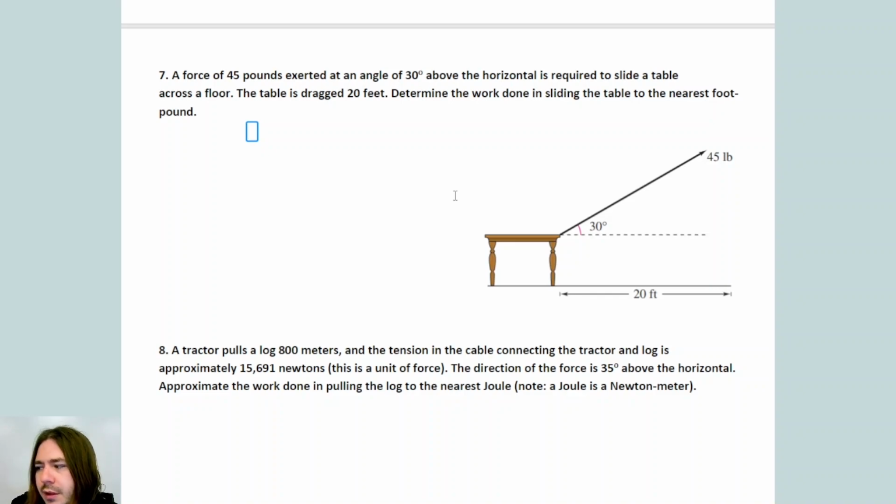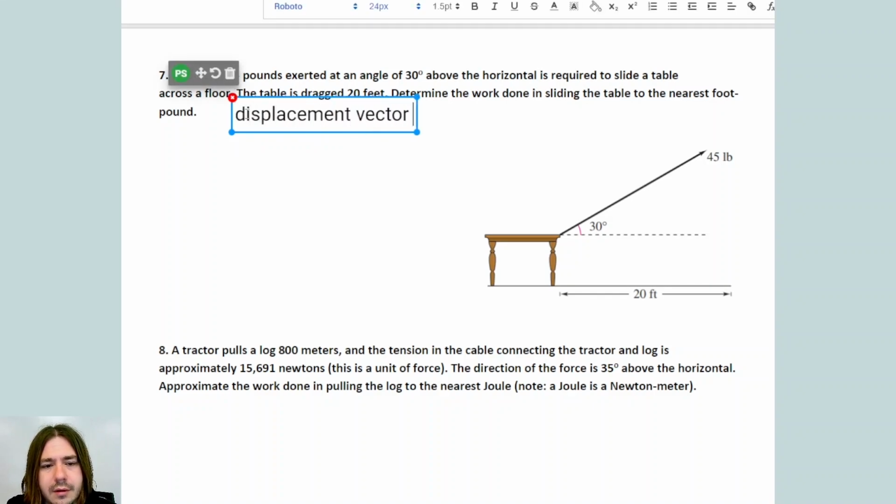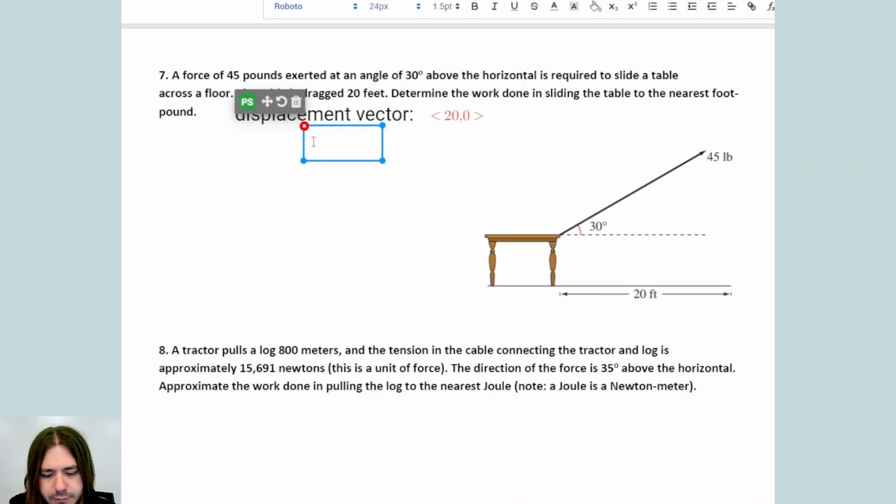So the displacement vector here is going to be this 20, 0, because we're dragging it 20 feet to the right. And then the force vector is going to be this vector right here.